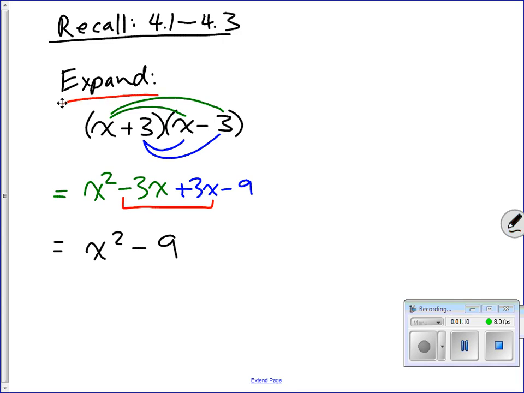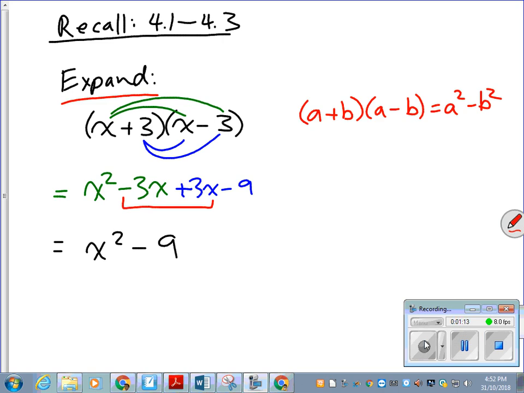The pattern was this. If I had a plus b times a minus b, or it could have been a minus b times a plus b, we got a squared minus b squared, and we called this the difference of squares.